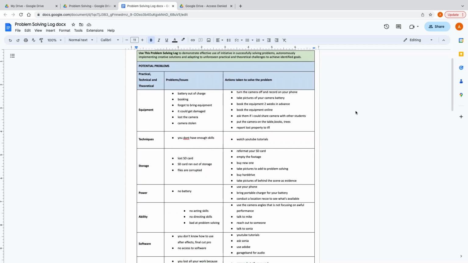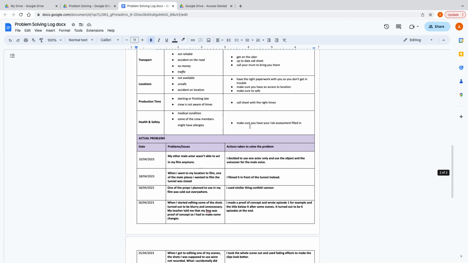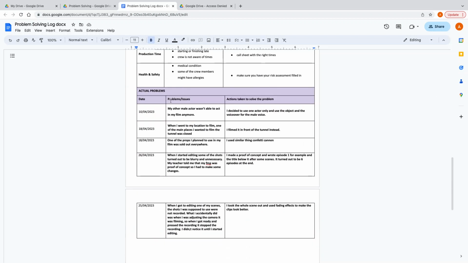And here are actions you could take to solve the problem instead of panicking. And then here are the actual problems that occurred during filming, here are the actions I took to solve them, and here is the date of each problem, when it occurred.